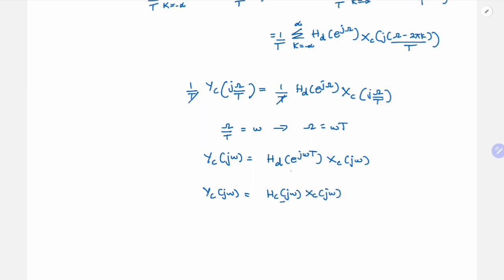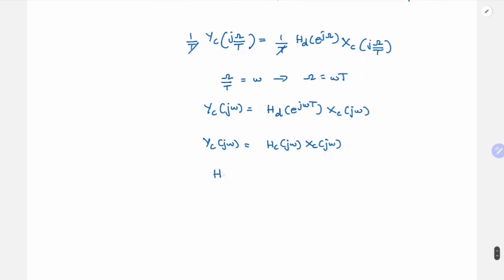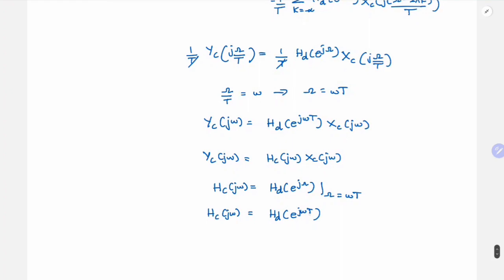So Hc of j omega is related to Hd of e power j omega by this, Hd of e power j omega at omega equal to omega T. So I can also write it this way, e power j omega T. So this is the relation. You can see that it is directly related, and the only difference we need to take care of is the sampling period.